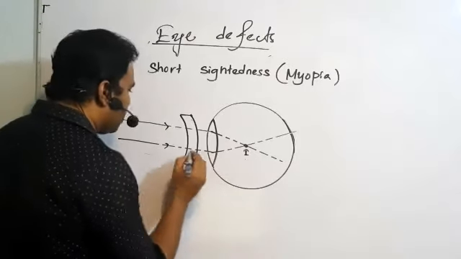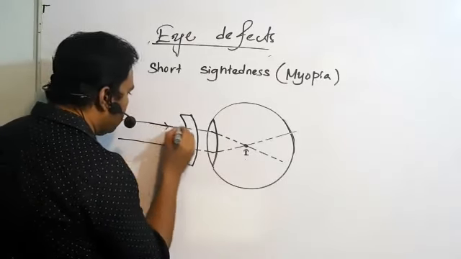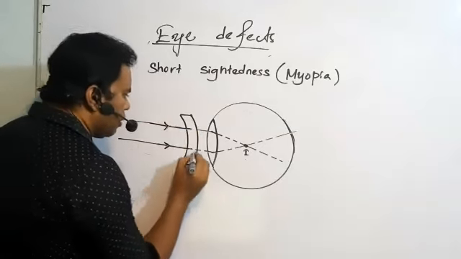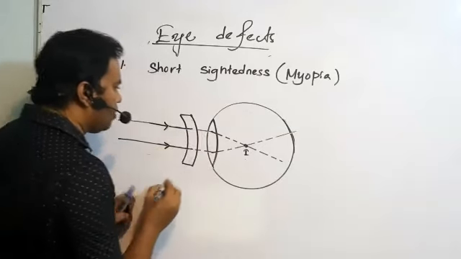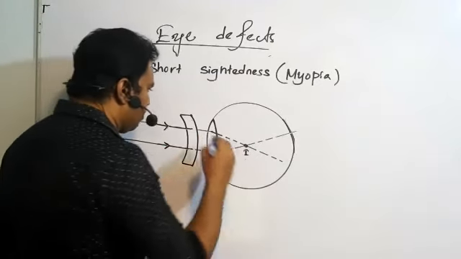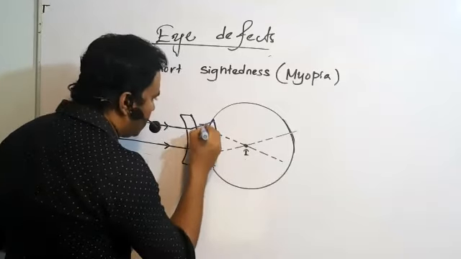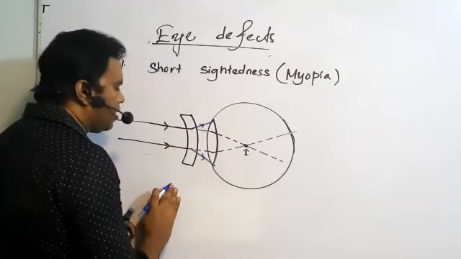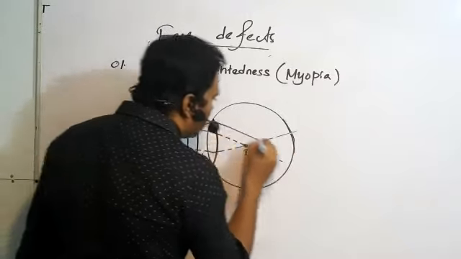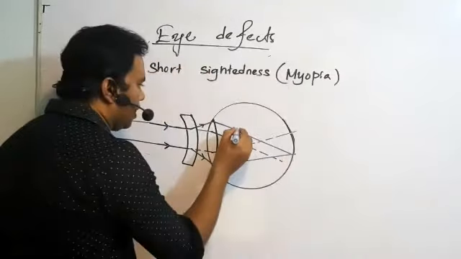Actually, light rays are coming towards the lens. No need to draw them broken because actually they are coming. Okay, from here onwards, what happens? It diverges. Diverges like this. Okay, then this eye lens finds it very easy to focus at the retina.